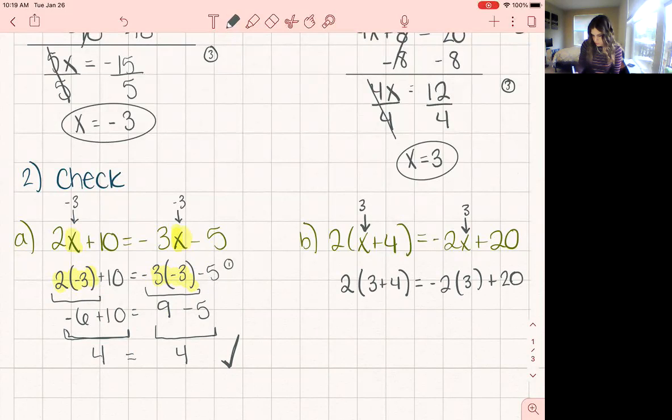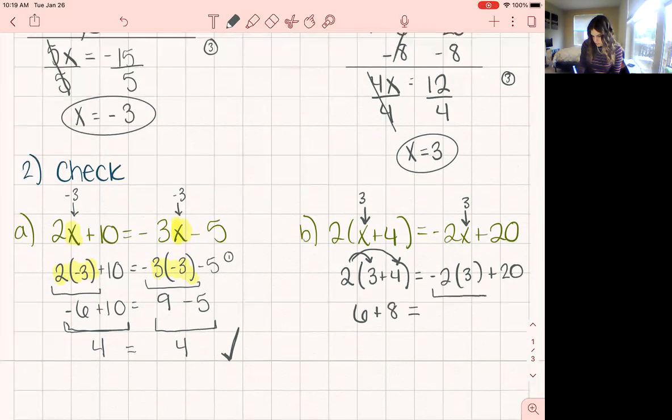Okay, now we can go ahead and do the distributive property here and here. 2 times 3 is 6, plus 2 times 4 is 8. -2 times 3 is -6, plus the 20. Okay, 6 plus 8 is 14. And -6 plus 20 is also 14. So this checks off that that's the correct answer as well.